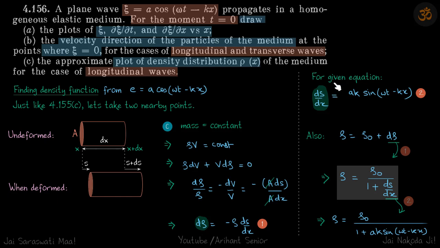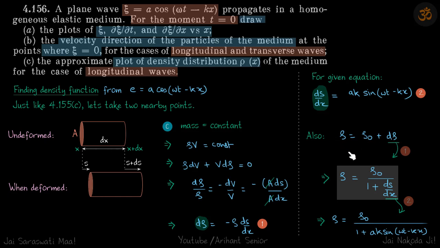Now from our given equation, let's find the value of ds by dx. That comes to be a k sin(omega t minus kx). Now we can comfortably write rho. Rho can be written as rho naught, the rho in the undeformed state, plus the change in density. So rho will be rho naught plus d rho.